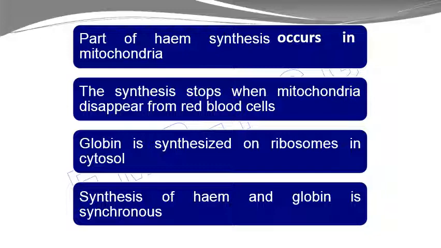But in the pre-stages, that is the erythroblastic stage and reticulocytic stage, mitochondria can be present. The globin protein part of hemoglobin is synthesized on ribosomes located in the cytoplasm. The whole process of synthesis of heme and globin is synchronized, so they will take place in a synchronized manner.